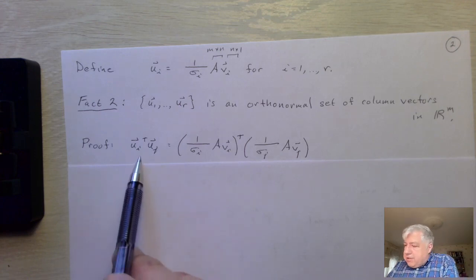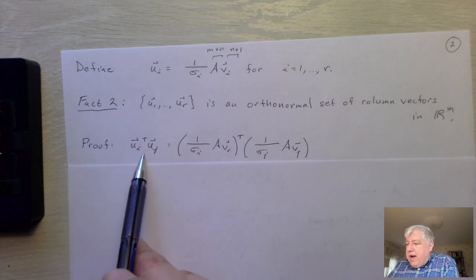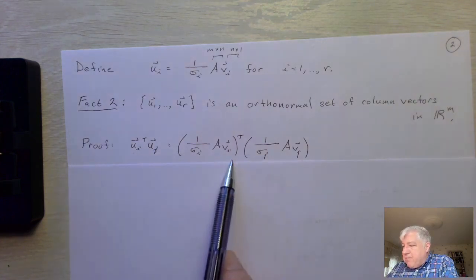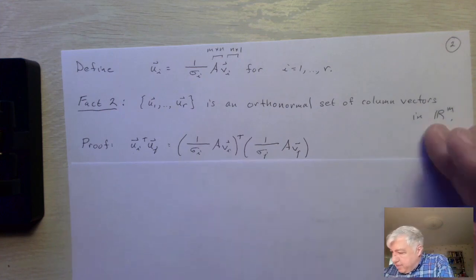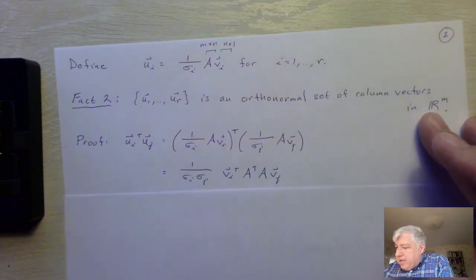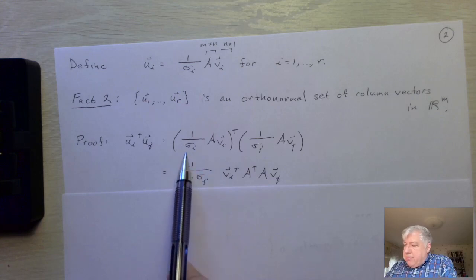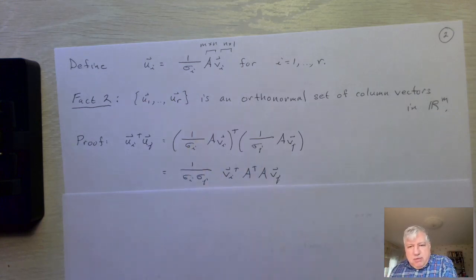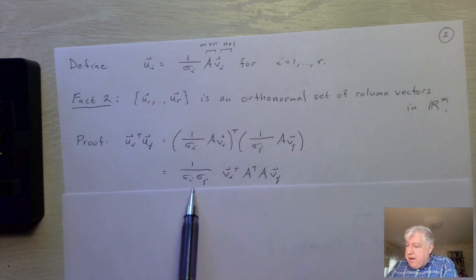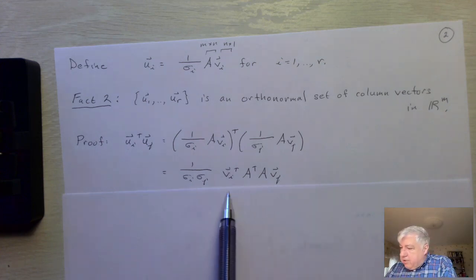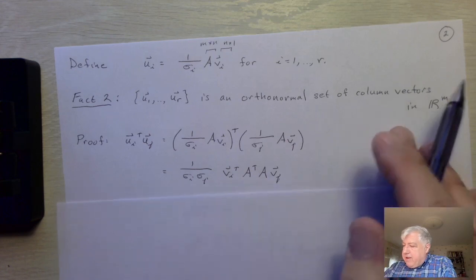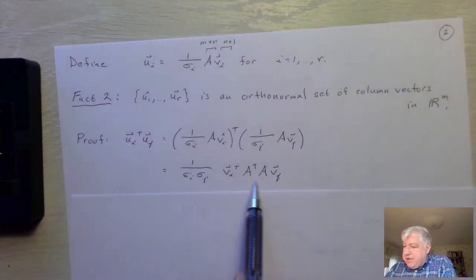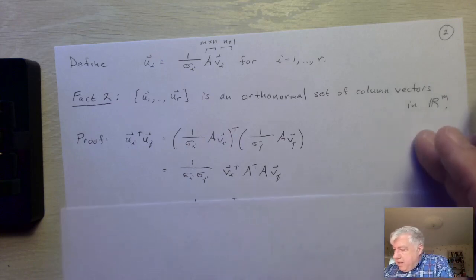So the dot product of u_i and u_j is this, and if we substitute the definitions of u_i and u_j, once again, we can use the fact that 1 over sigma i and 1 over sigma j are just real numbers, so they're scalars, so we can pull them out in front. And what we're left with is v_i transpose A transpose A v_j.